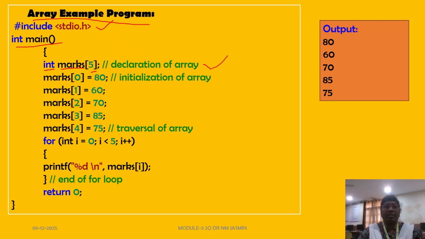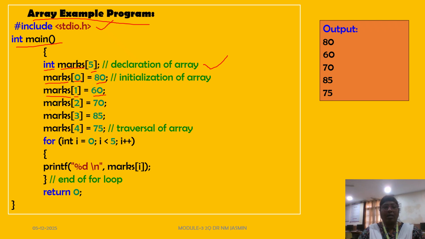Come to the initialization here. Take the array name and index number 0, and this locates the element 80. Okay, so here if you see the previous example, for that same example only I am going to write the C program here, and this is the array name, and here the index number 1 will locate the 60th element.